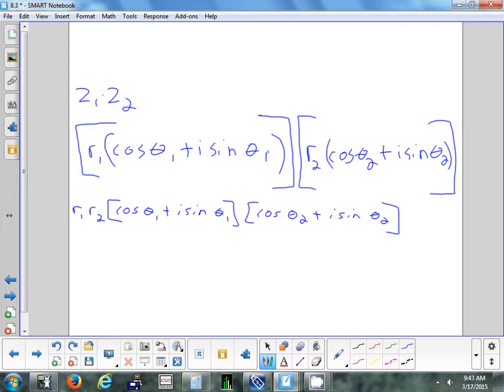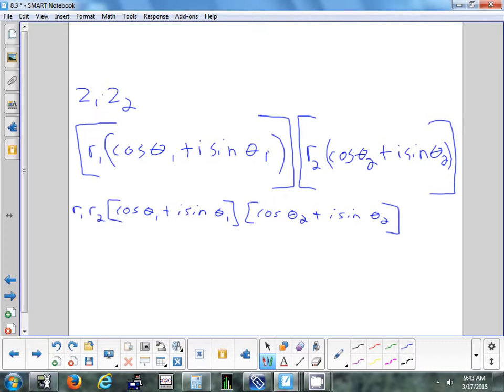And that's perfectly fine to rewrite it that way. All I did was use the commutative property of multiplication. I'm multiplying 1, 2, 3, 4 things together. I just reordered 2 of them. It's like 3 times 7 and 7 times 3. Same thing. Now the part we're going to FOIL.